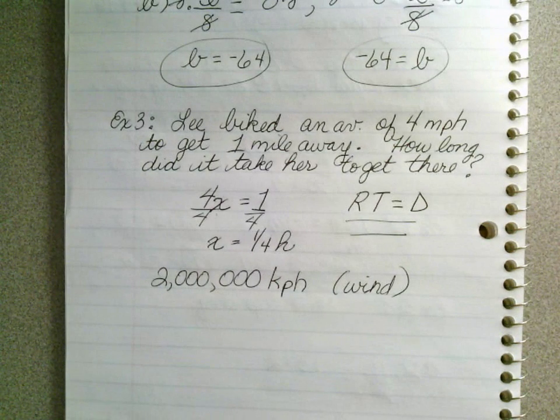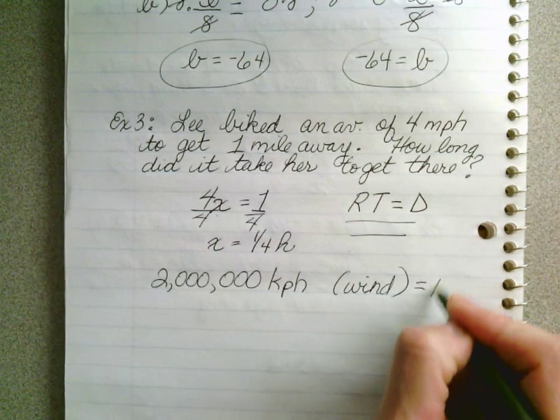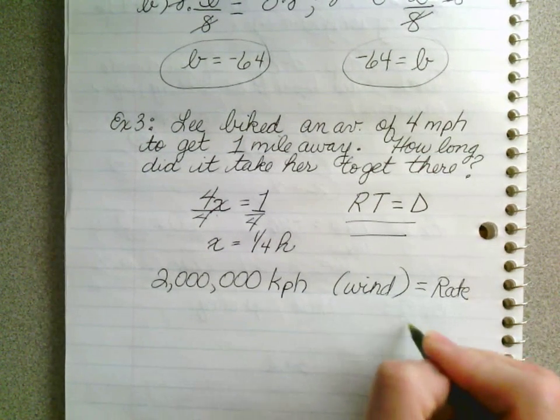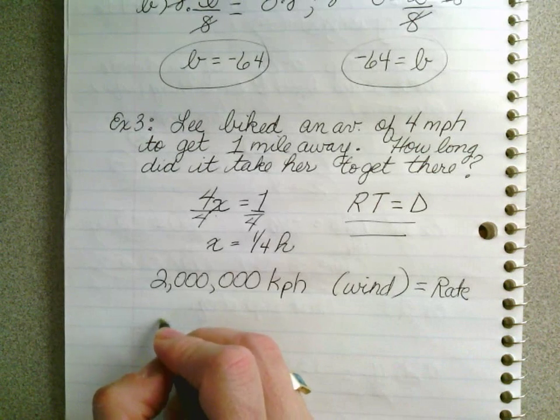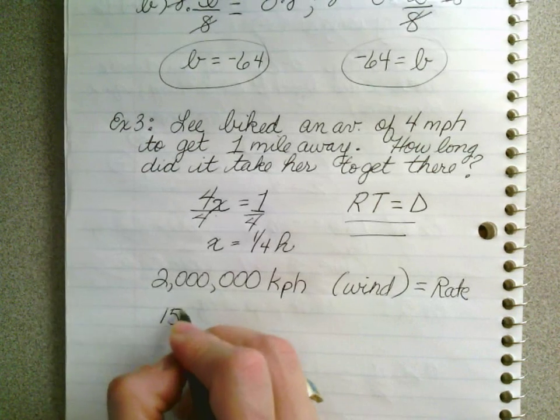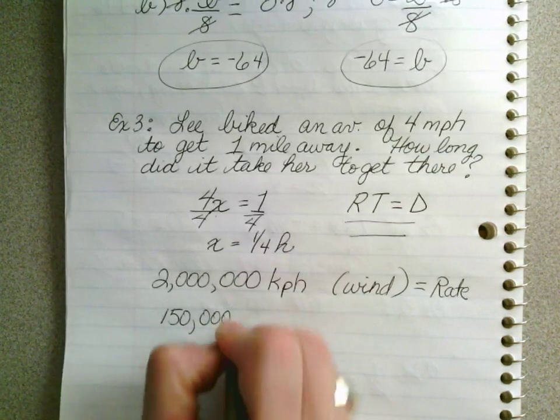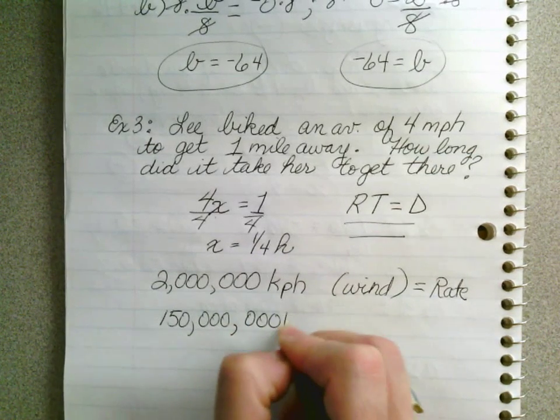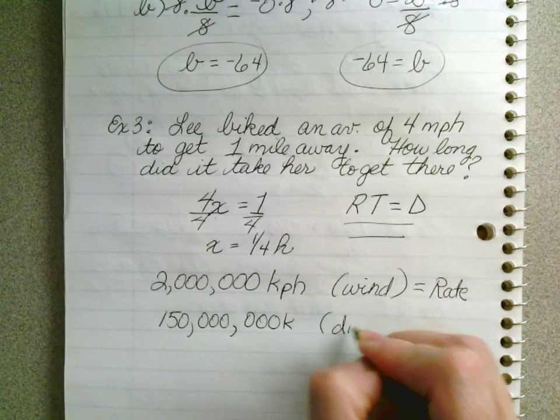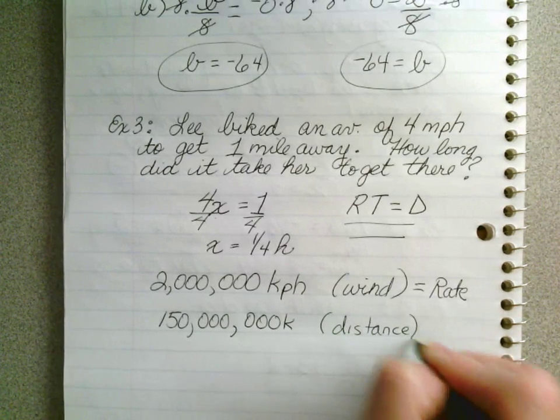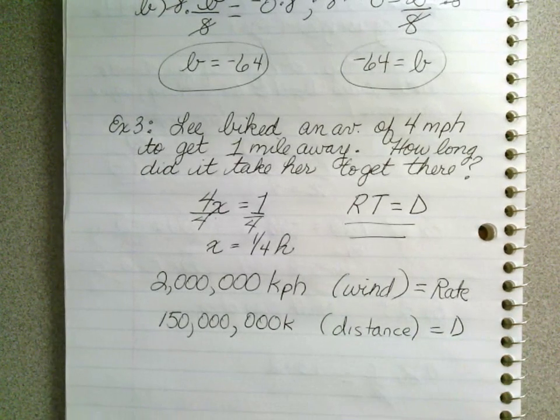The sun is 150 million kilometers away. So this is the rate it's traveling. The distance the sun is to us is 150 million kilometers. Distance. How long did it take?